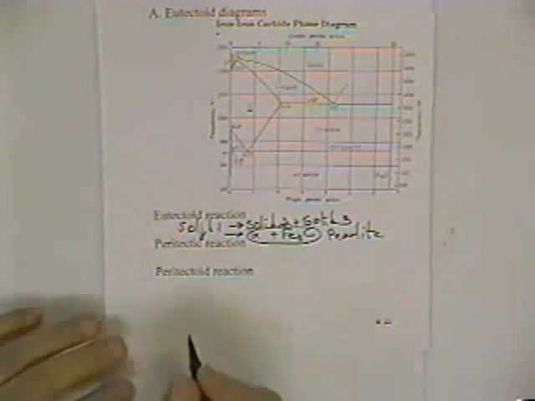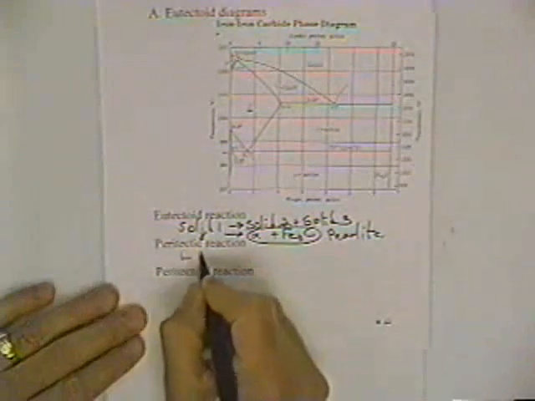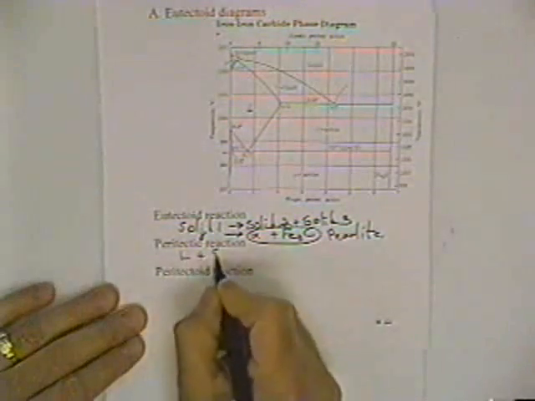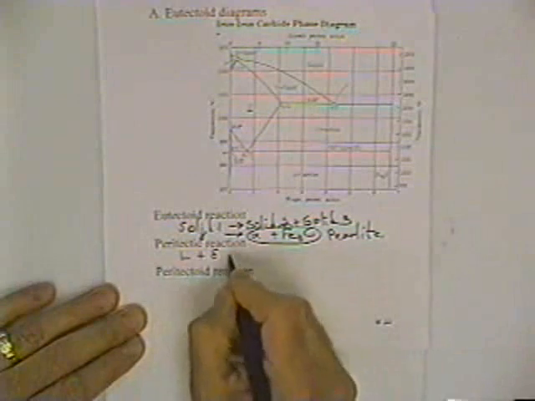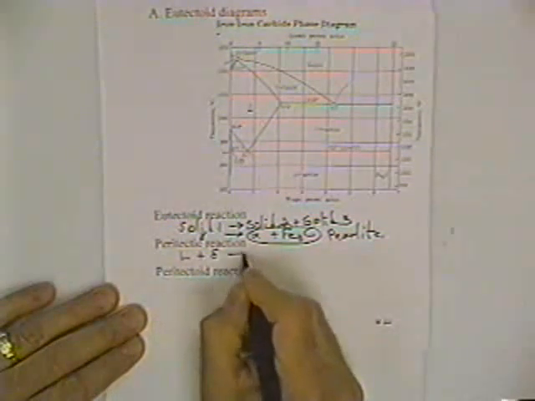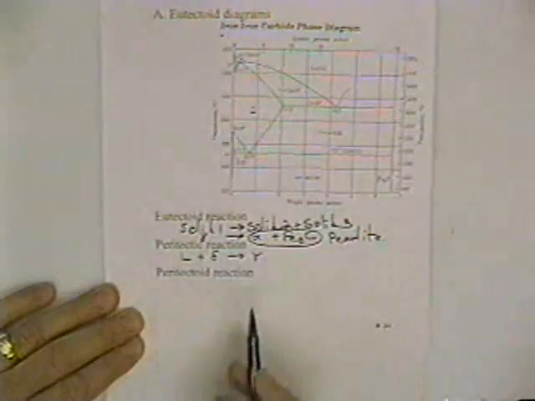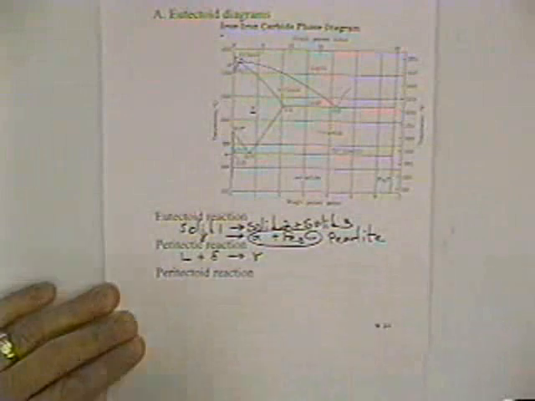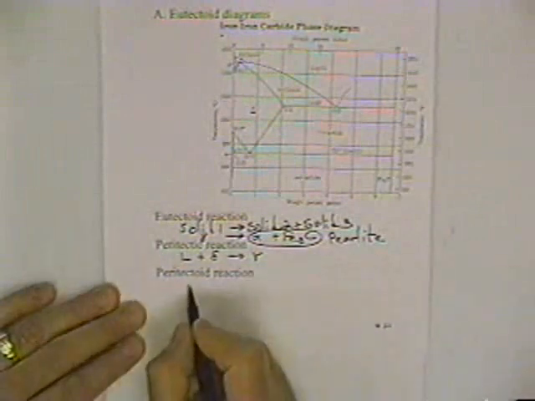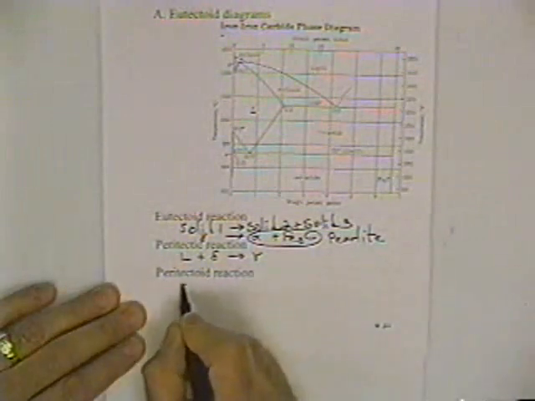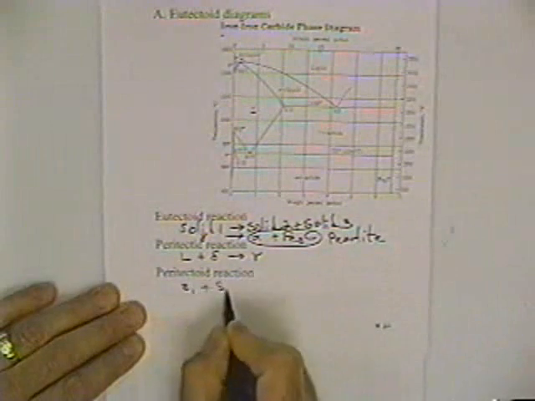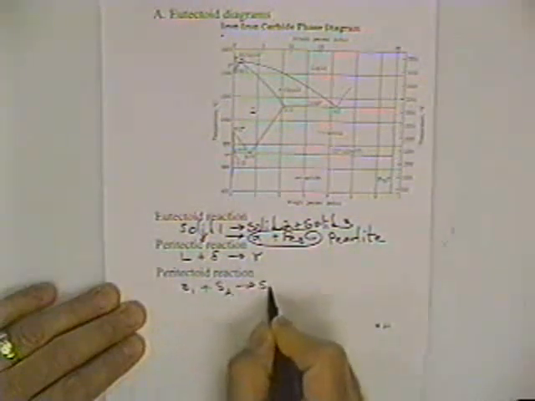One is called a peritectic reaction, and that has a liquid, in the case of the iron carbon diagram, plus a phase called delta, which is a high temperature form of iron, and that forms gamma or austenite. So that reaction would be up here. The peritectoid reaction is the inverse of the eutectoid reaction, and it has a solid 1 plus solid 2 going to solid 3. And there's no example of a peritectoid reaction in the iron carbon system.